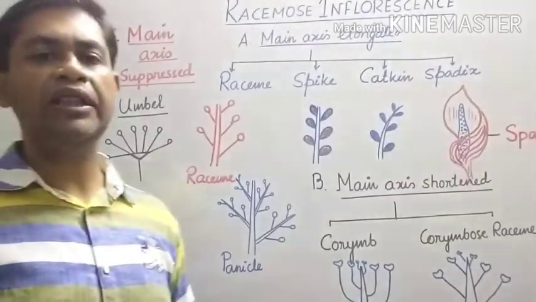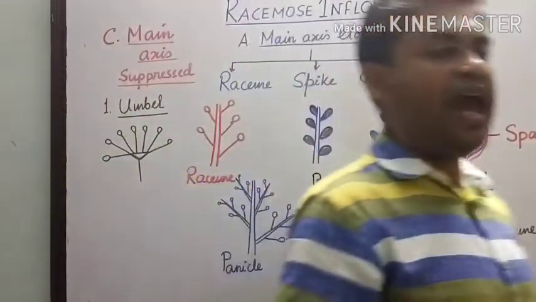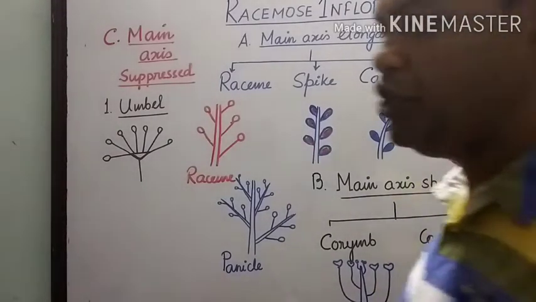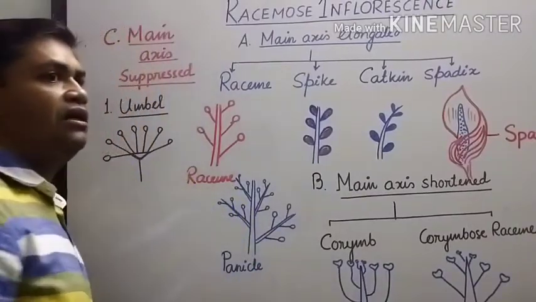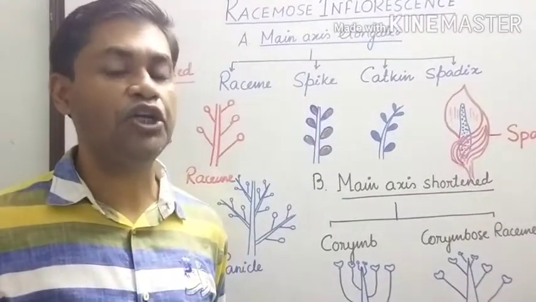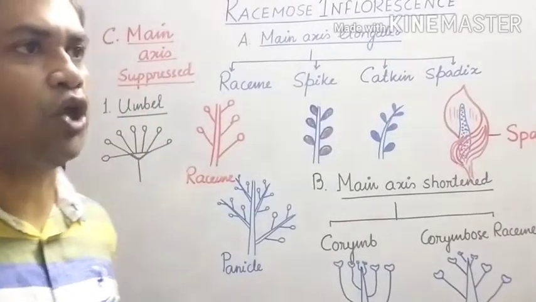Is it clear? All the pedicellate flowers arise from a single point in a centripetal fashion because the main peduncle is greatly reduced but not flat. It is suppressed but not flat.